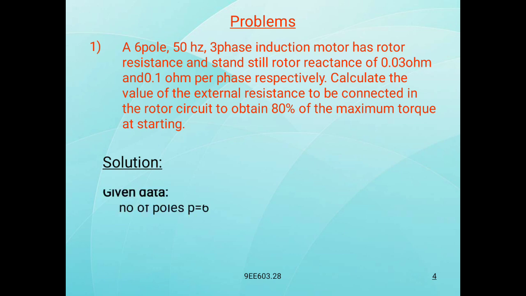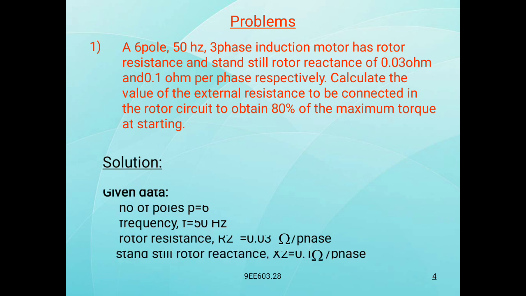Here, given data: number of poles P is equal to 6, frequency 50 Hz, R2 is 0.03 ohms per phase, X2 is 0.1 ohms per phase.